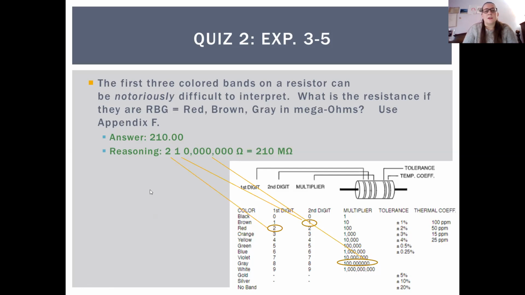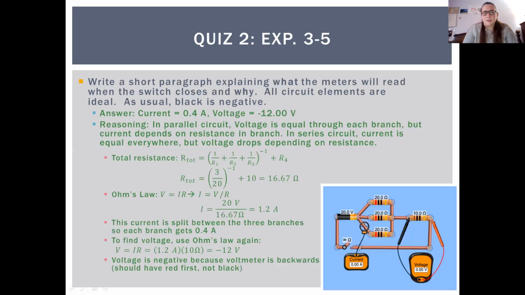Anyway, there's our multiplier, and so we end up with a resistance of 210 mega ohms, because this is our resistance in ohms. And mega is times 10 to the 6. Mega is million. So 210 million ohms. Okie dokie.